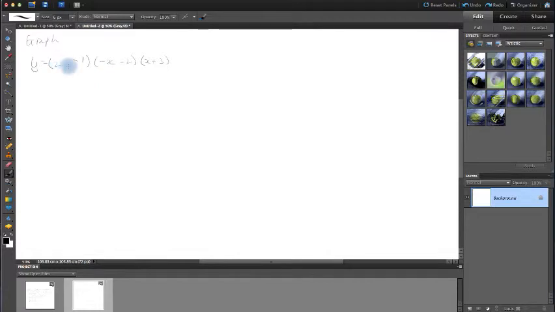So first, let's see if it's going to be that shape or this shape. To do that, we'll multiply just the x terms together to get our ax cubed term sorted out. We've got 2x multiplied by negative x multiplied by x, and that is going to be minus 2x cubed.